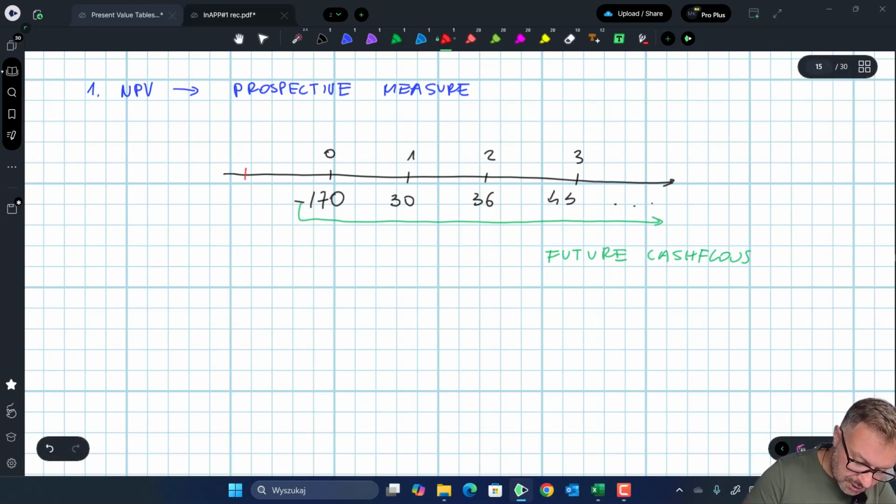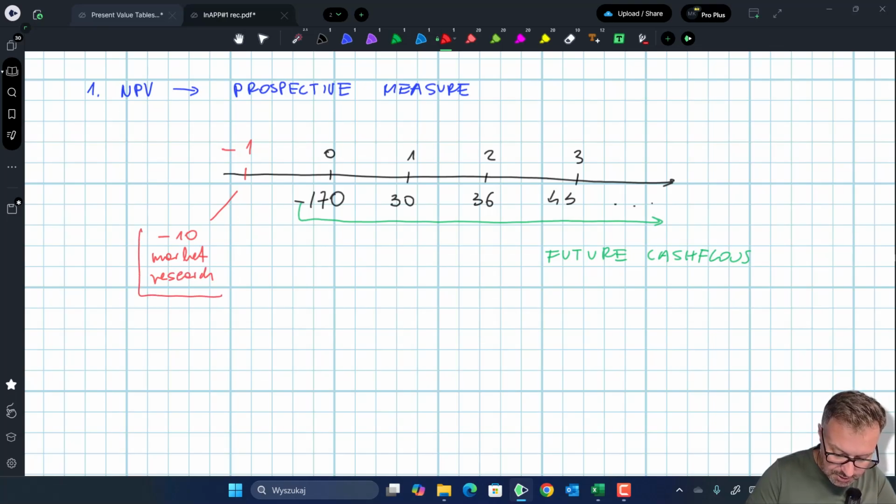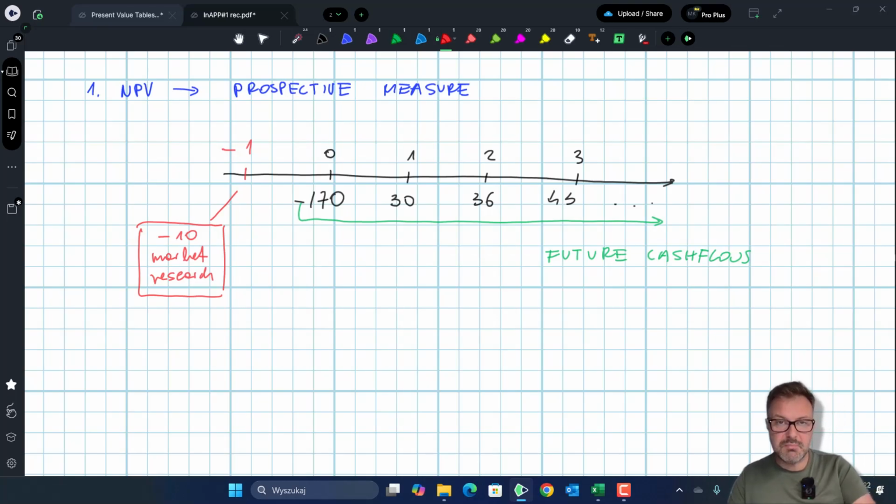For example, we can assume that 1 year before the start of the investment, the company spent 10,000 euros on market research, for example, to find out if the product that the company expects to make within this investment project will be marketable or not.